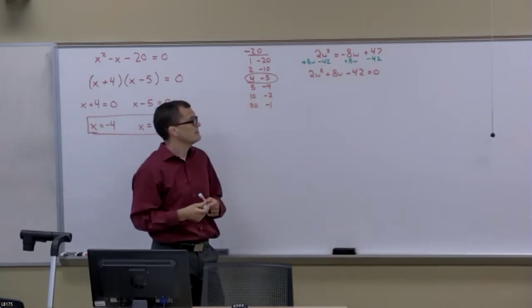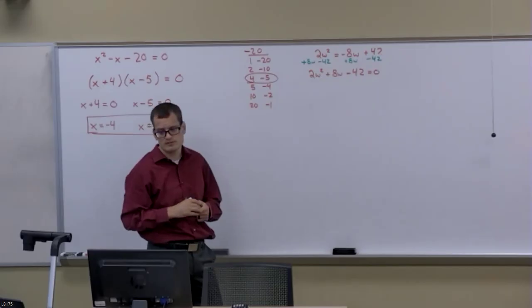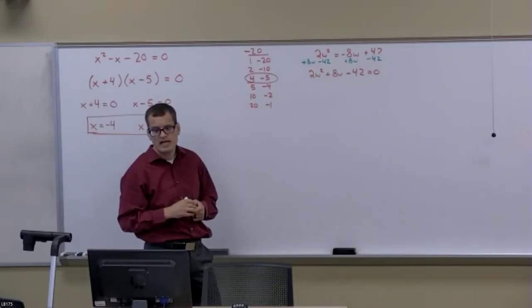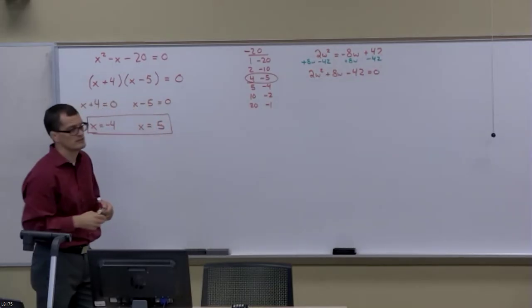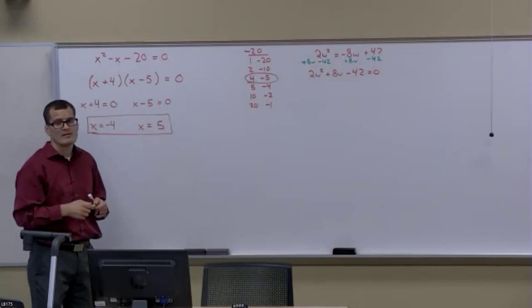So I get 2w squared plus 8w minus 42 is equal to 0. And now I have one side equal to 0. And I'm ready to go.